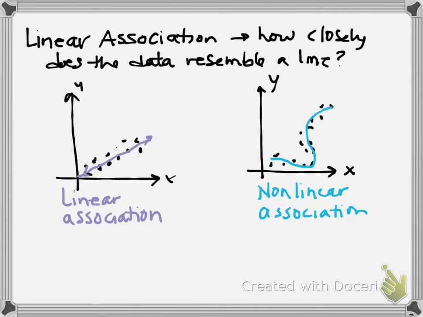So in addition to saying, hey, that's a positive association or a negative, or there's no association, you also can say you have a linear association or a nonlinear association. Okay. Now, we've got a couple other things that we can notice in a graph, so I'm going to do one more graph.